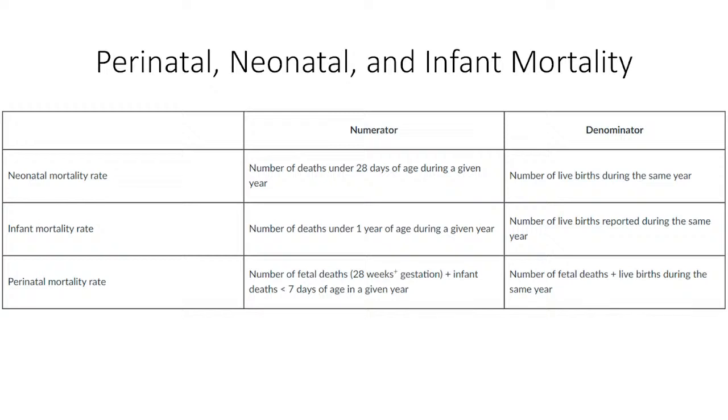Perinatal, neonatal, and infant mortality. When you are calculating these indicators, you can use these formulas. Neonatal mortality rate: in the numerator, it will be number of deaths under 28 days of age during a given year.